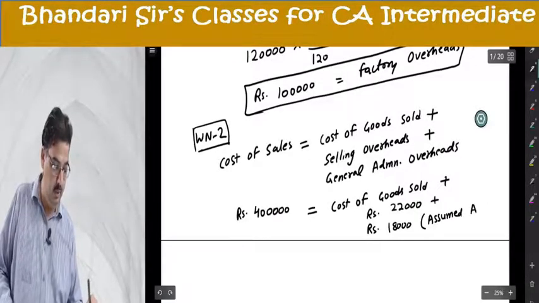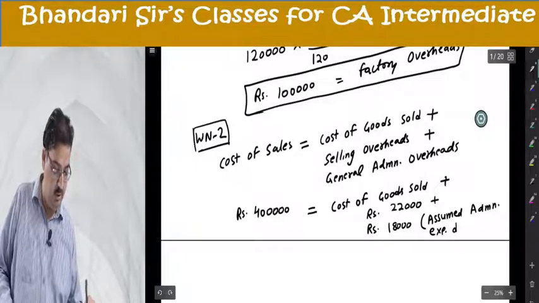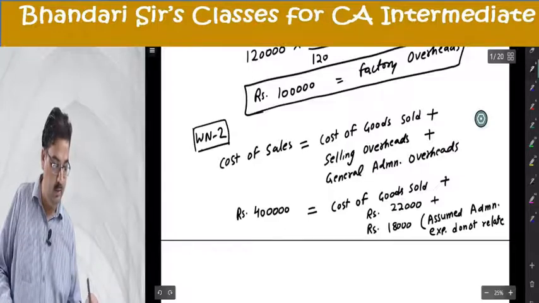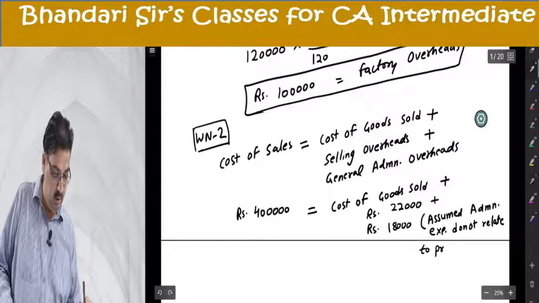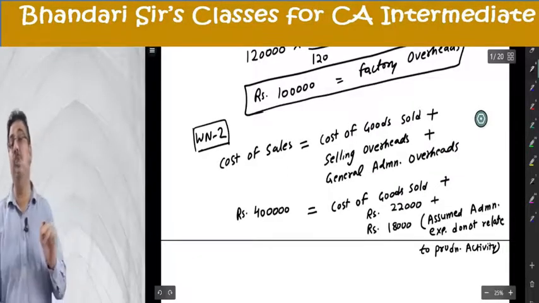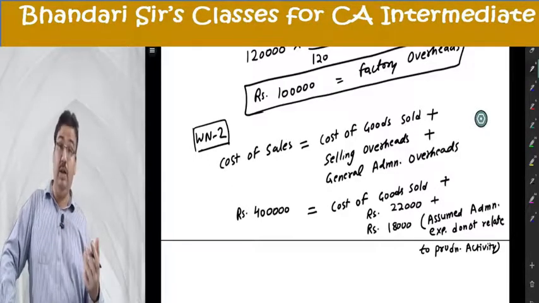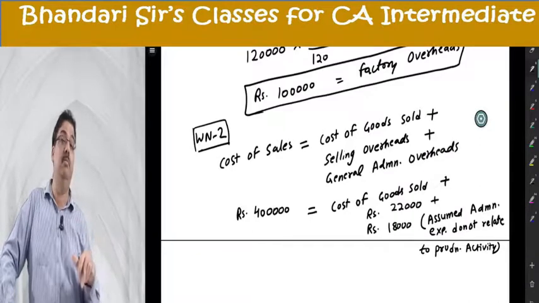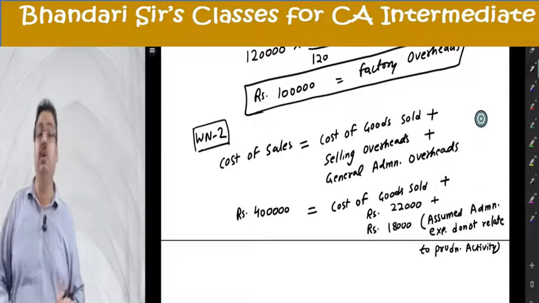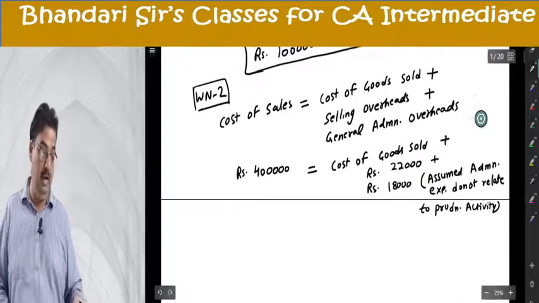Assumed administration expense does not relate to production activity. Preferably it should be assumed like that because word general is there. If general is not there, even then you can assume the same. But then you can take it with production activity also, which can vary some answers. So I am taking it here.